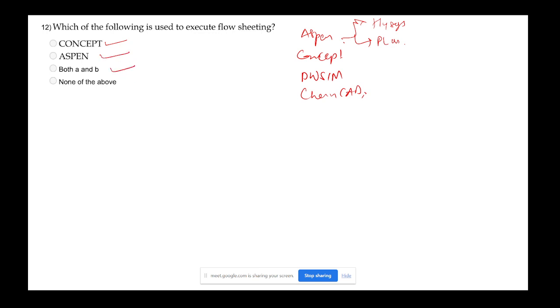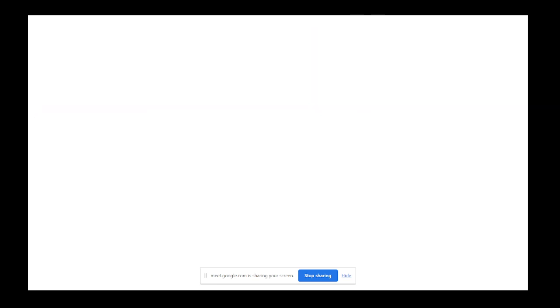Both of them are used for execution, so you can say that both A and B are the correct answer. However, there are other software or tools by which you execute the flow sheet, and I have listed a few of them here. You can also look into the lecture to know what more tools you can use.